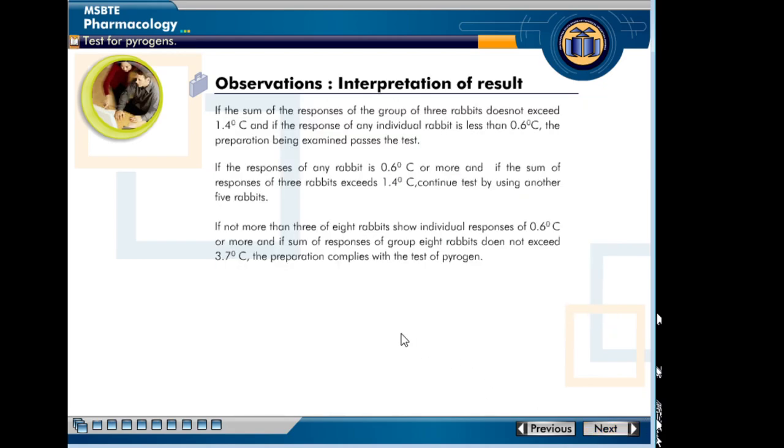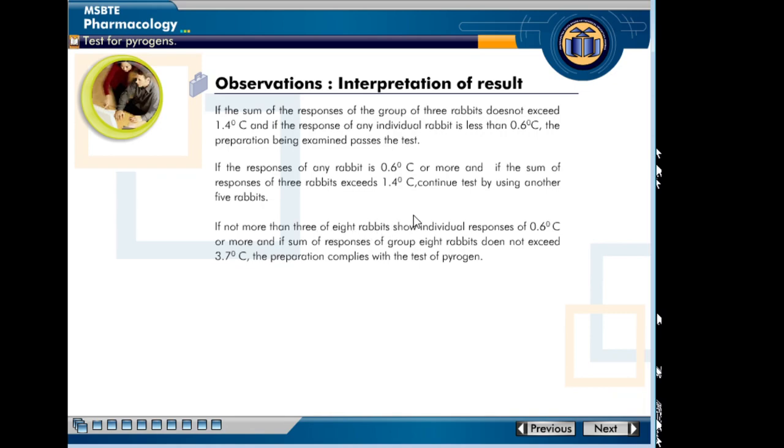Observation and interpretation: if the sum of responses of the group of 3 rabbits does not exceed 1.4 degrees Celsius, and if the response of any individual rabbit is less than 0.6 degrees Celsius, the preparation being examined passes the test.